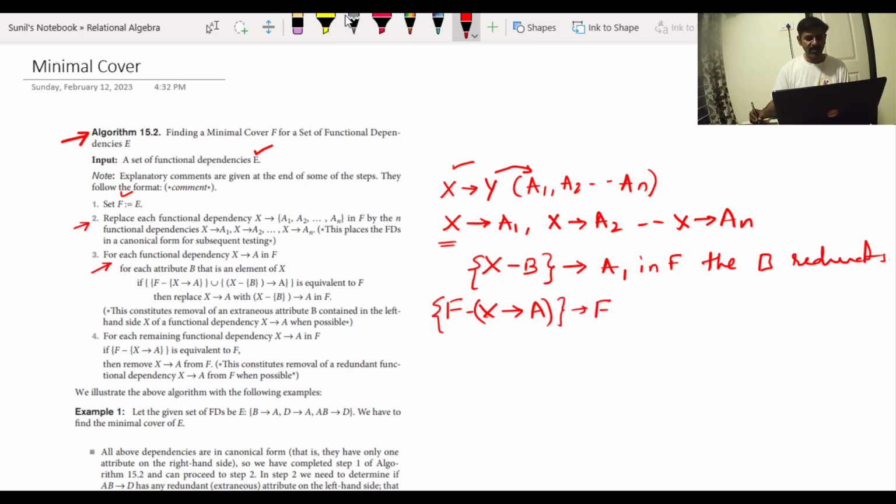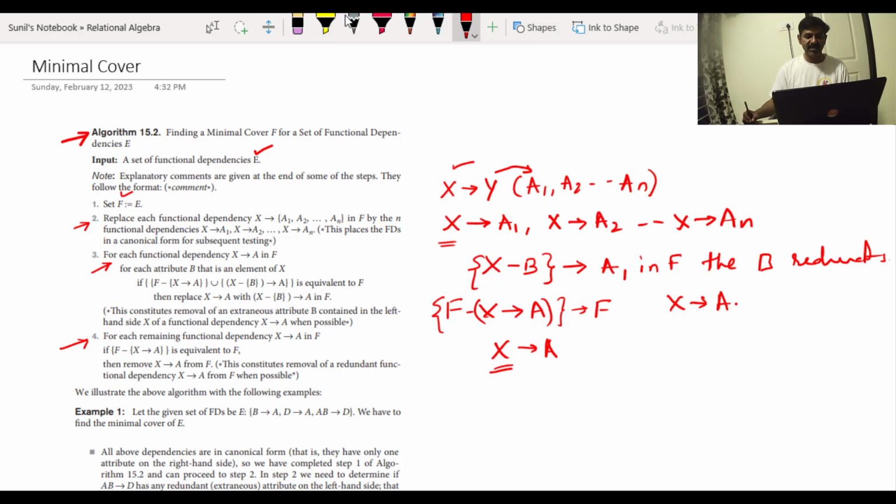So we have to do a minimization step here so that X contains a minimal set of attributes, and also if possible X arrow A can be completely eliminated from the set. In step number 4, take each of the remaining functional dependencies X arrow A, where X contains maybe just one attribute. In the previous step we handled those in which X has more than one attribute.